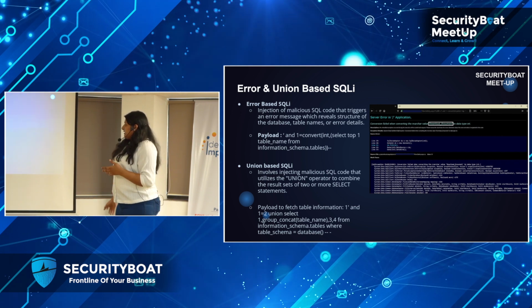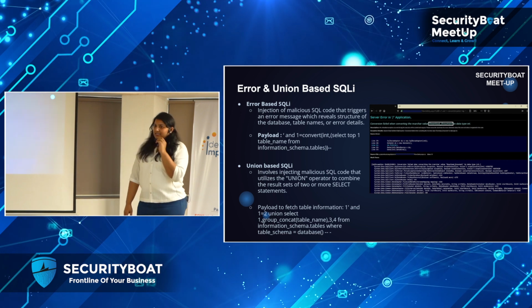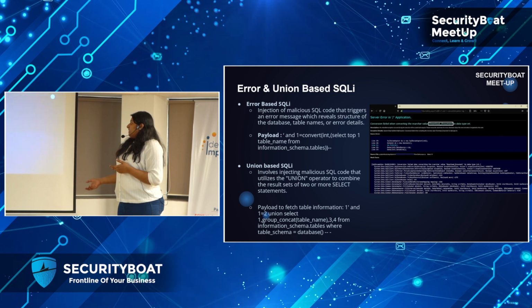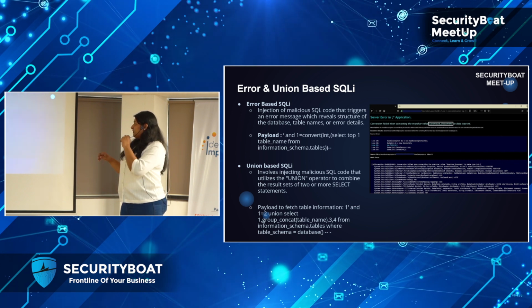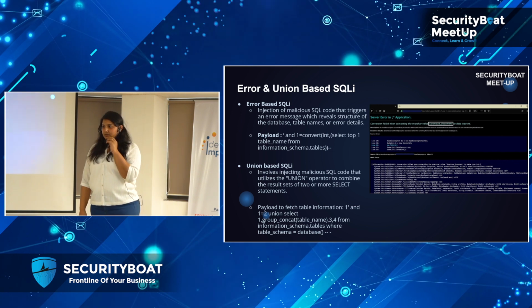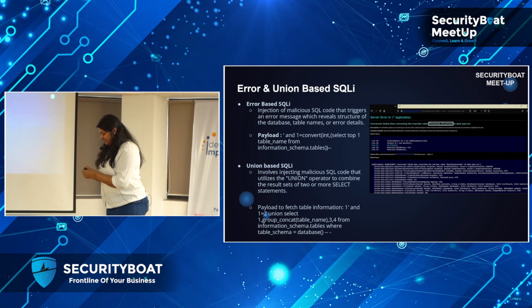So this is nothing but error-based SQL injection, and you can see the payload which I have taken as an example, in which we are simply using a condition where we are selecting the first table name from the information schema. Okay, I'll just use the pointer.